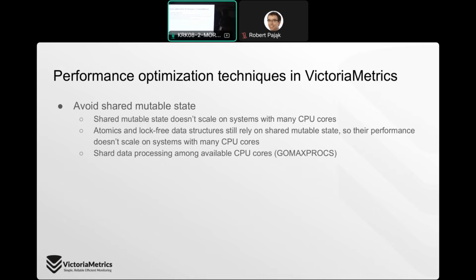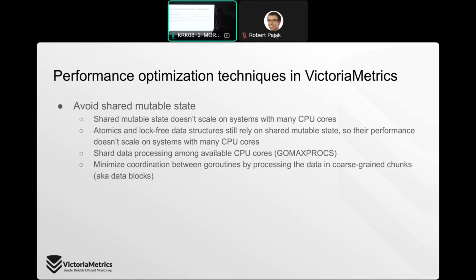And what is recommended instead is to shard your data, which you need to process, among available CPU cores. Usually the number of CPU cores equals GOMAXPROCS in the Go runtime. Minimize coordination between goroutines which process this data by processing data in coarse-grained chunks.